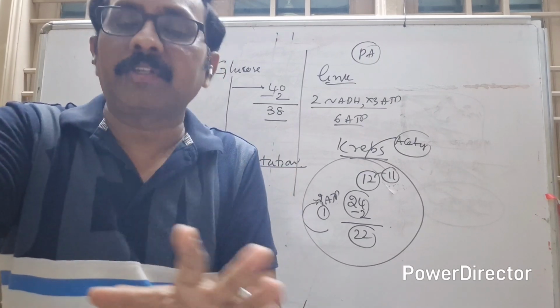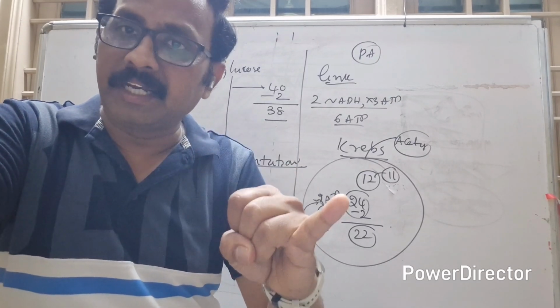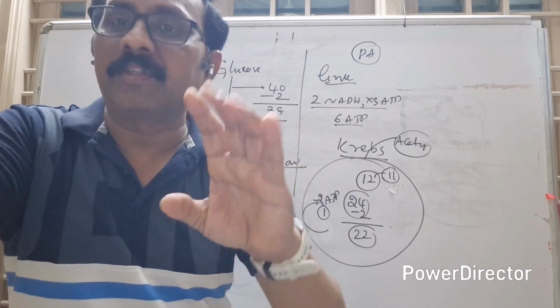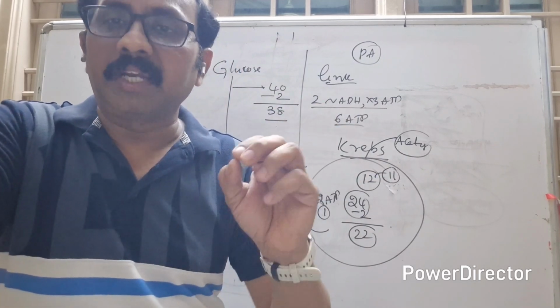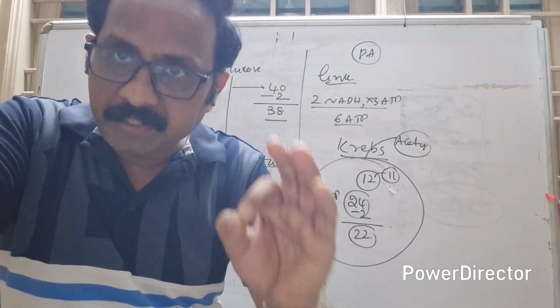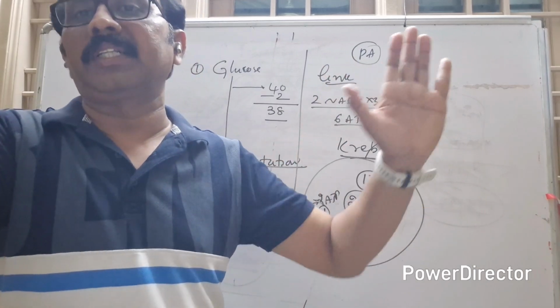Total decarboxylation steps: 1 in the link reaction and 2 in the Krebs cycle, so 3 steps. Decarboxylation takes place only in the mitochondrial matrix, not in the cytoplasm.